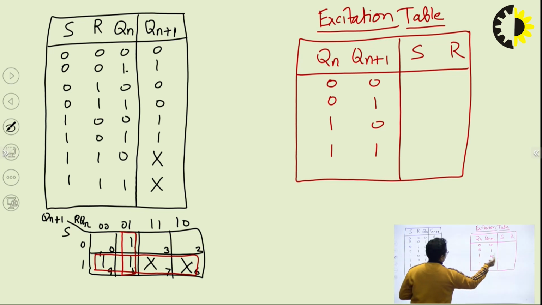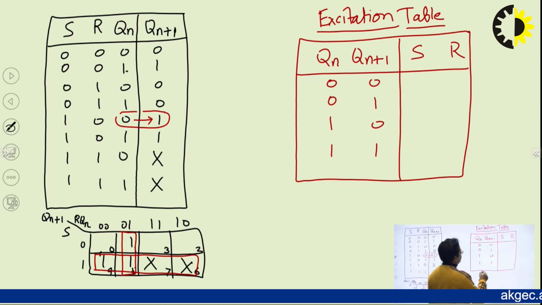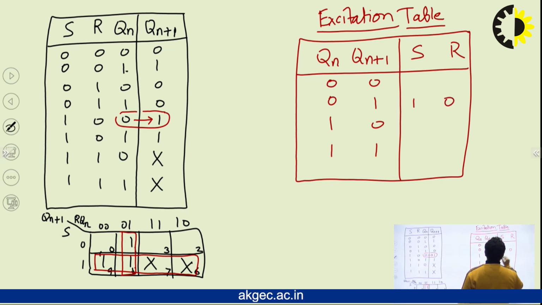Whenever your value is changing from 0 to 1, our output value is from 0 to 1 only for the case of 1 0. So for this combination, what is the input value? It is 1 0. So we will write the value 10 here.